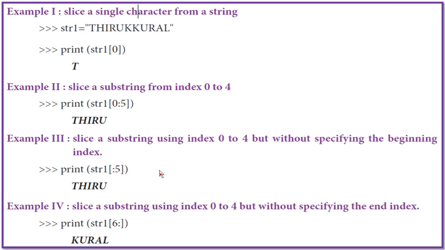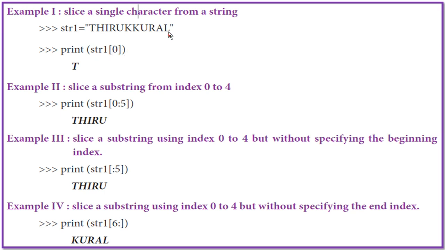Here are some examples. First example, slice a single character from a string. This is the string, Thirukural. That value is stored in str1. From that, we are slicing a single character by using str1 square bracket of 0.